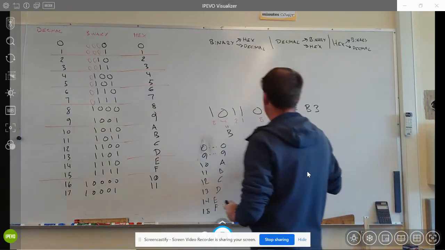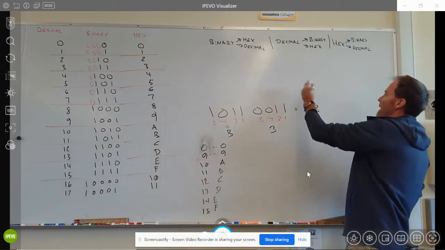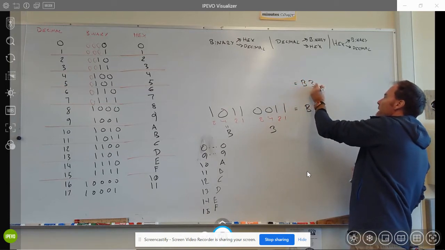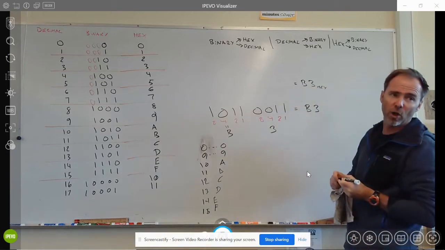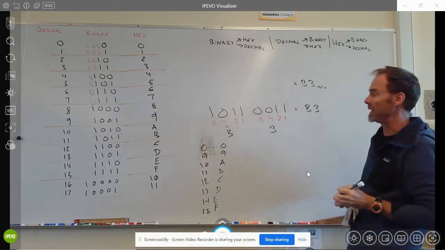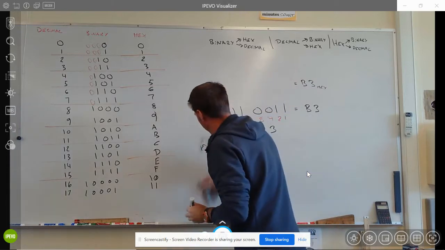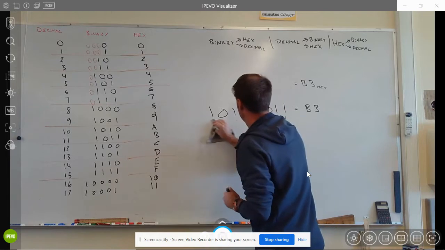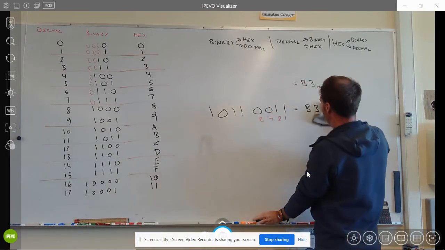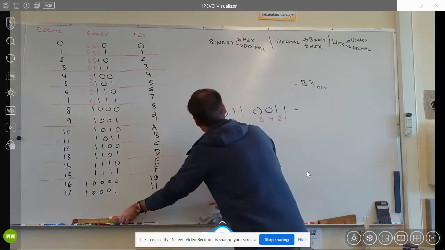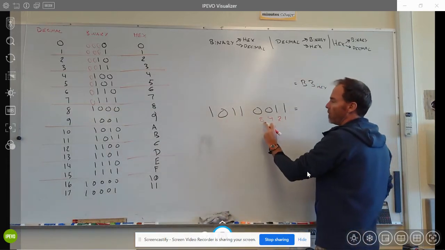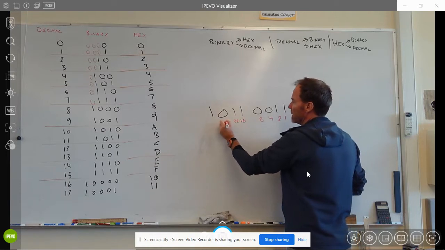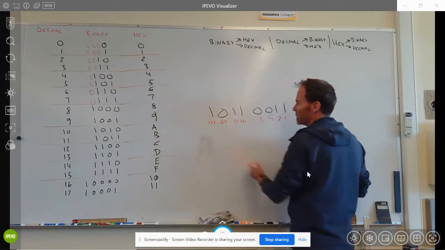All right. I'm going to write it up here: equals B3 in hex, which is also base 16. If I was to convert it to decimal, instead of breaking it up in groups of 4, I just keep going out. 1, 2, 4, 8, 16, 32, 64, 128.